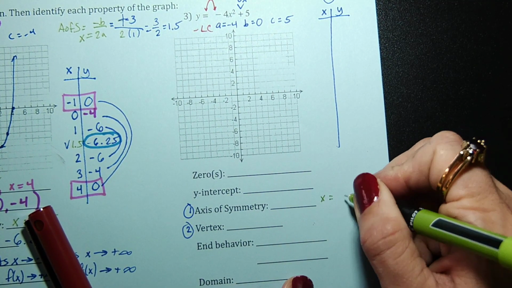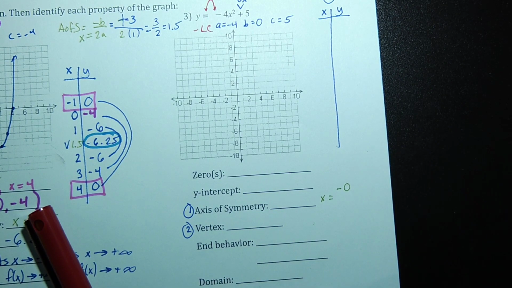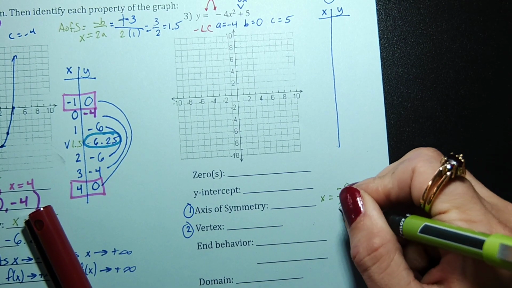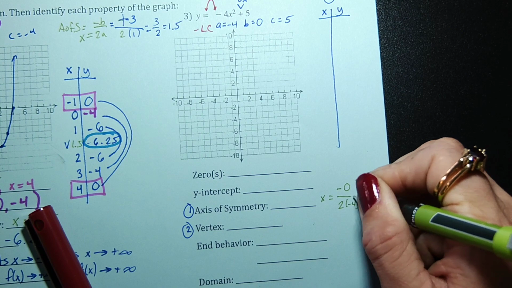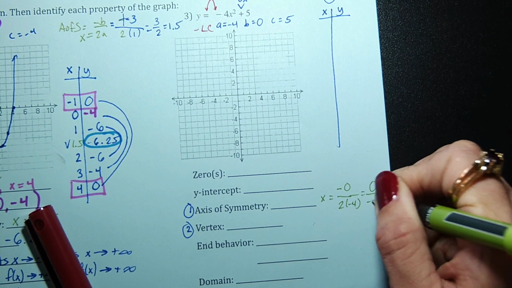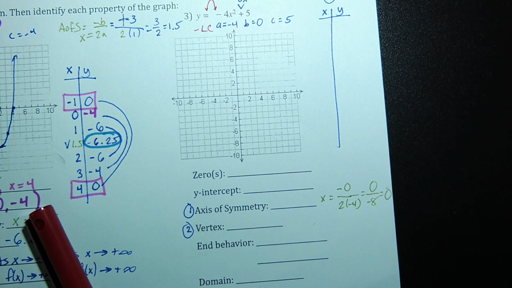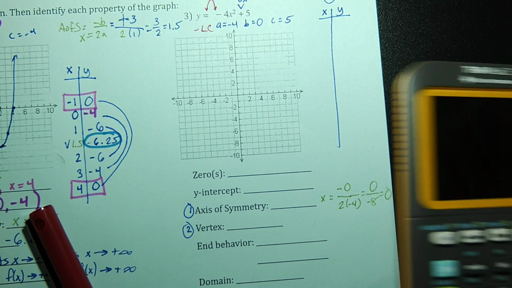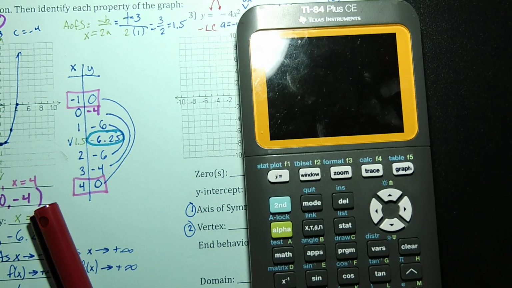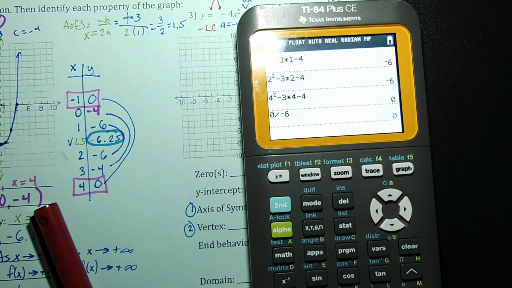So x equals negative b, so negative 0, over 2 times the a value of negative 4. Folks, what's 0 divided by negative 8? It's 0. So if you're not sure, you can think of dividing $0 amongst a bunch of people. They'd all get $0. Or you can check yourself on your calculator. 0 divided by negative 8 is 0.